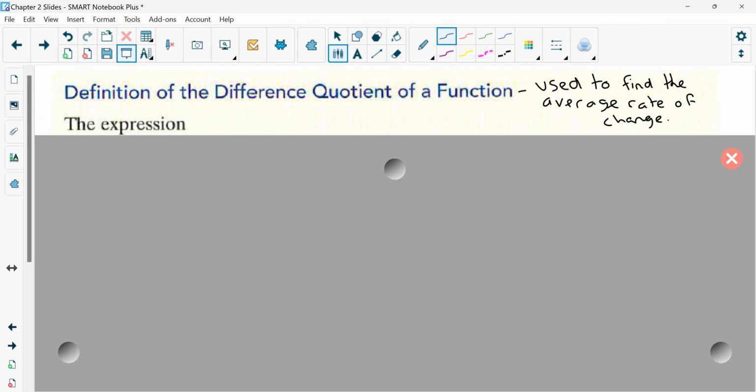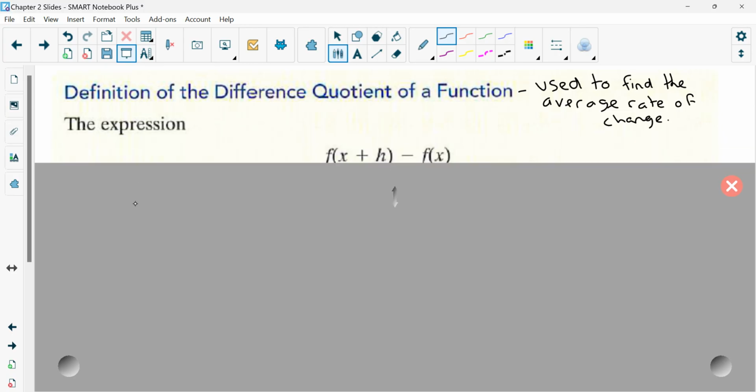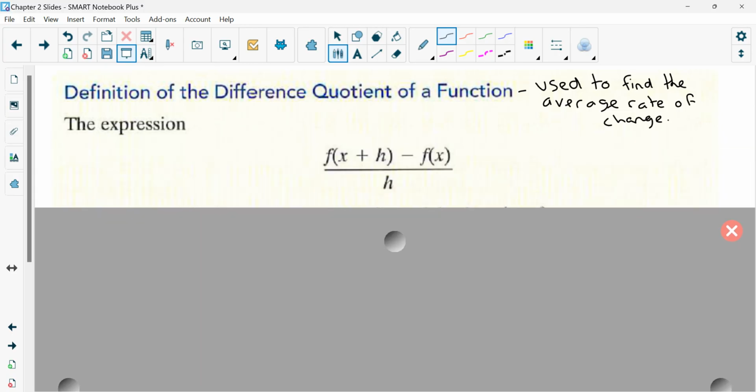And then we'll apply it in a few sections. Okay. The reason we're learning it now is because it deals with function notation and putting different numbers in for the input. So this is the difference quotient.